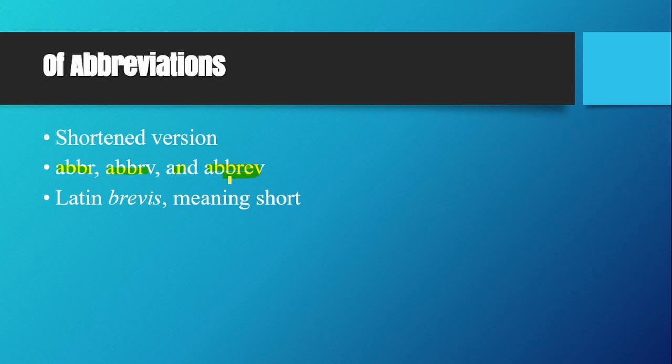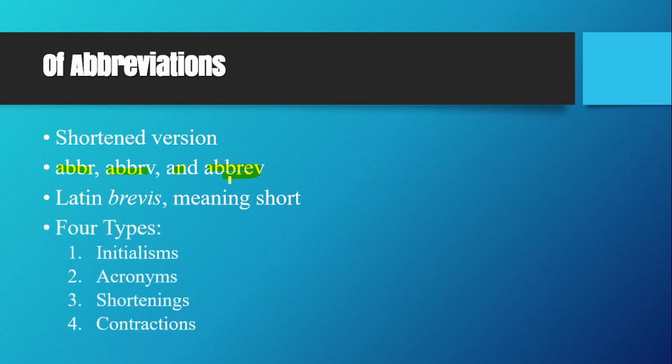Abbreviation, the root word brevis is taken from the Latin language, which means short. I already discussed that there are four types of abbreviations: initialisms, acronyms, shortenings, and contractions.